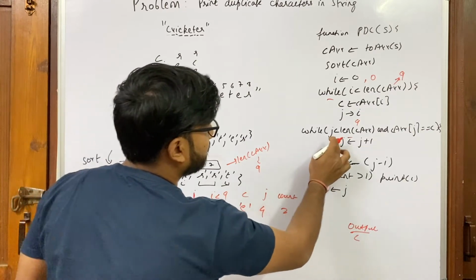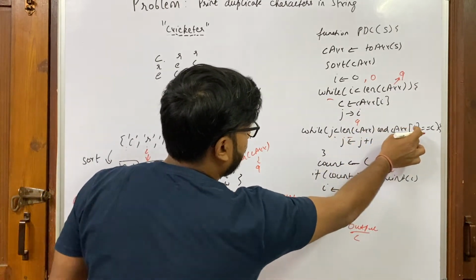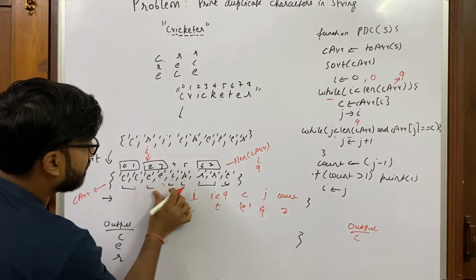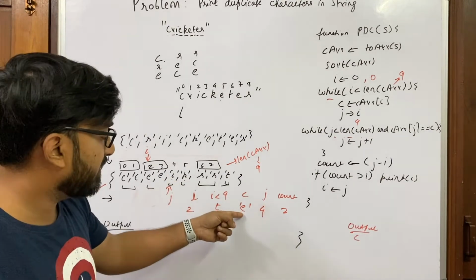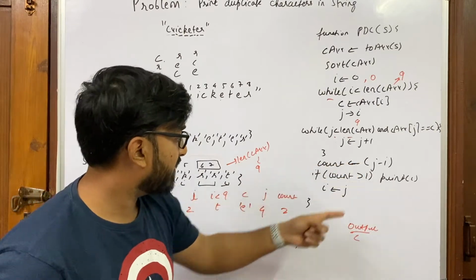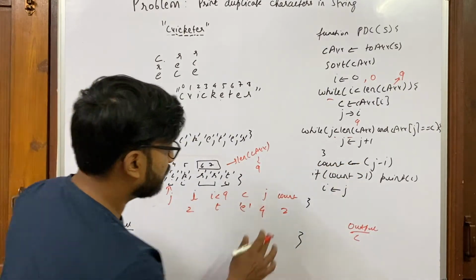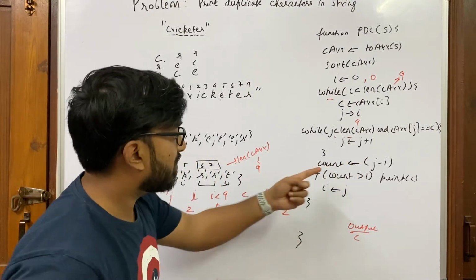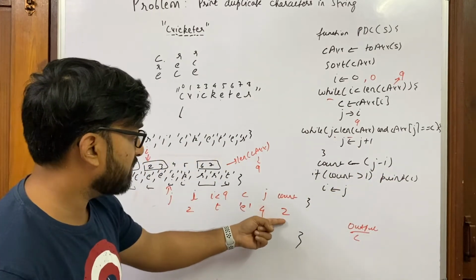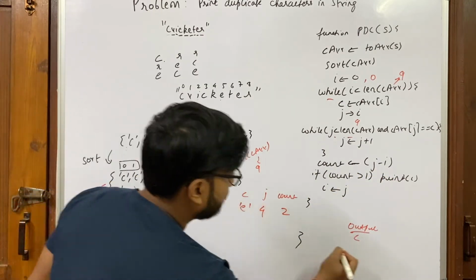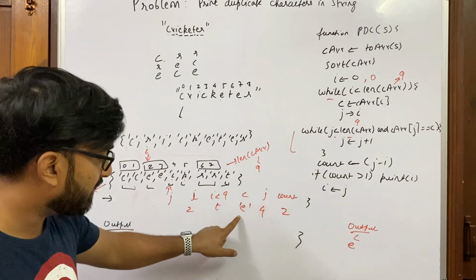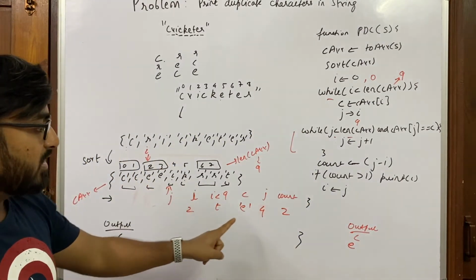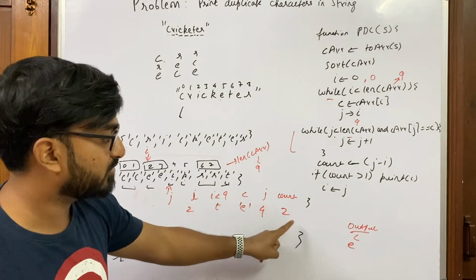You check this condition again, 4 is less than 9. CARR of J is not E, so you break. Count is J minus I, 4 minus 2, count is 2. Count is greater than 1 true, print E. So basically this counted again the number of times E appears in this array. It appears more than once, it appears twice, so you print E.